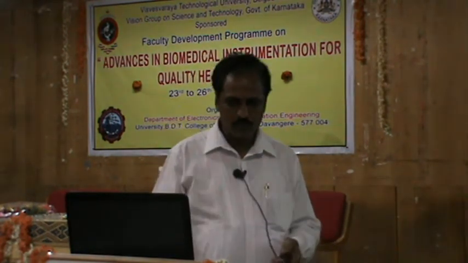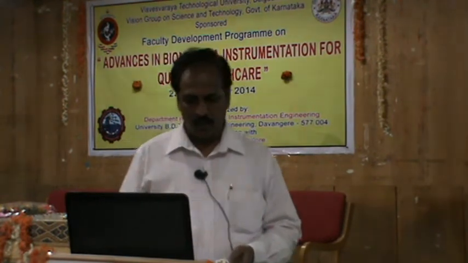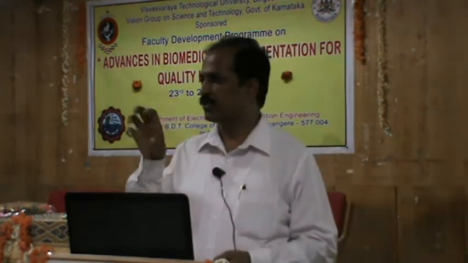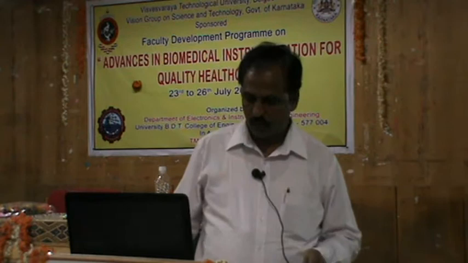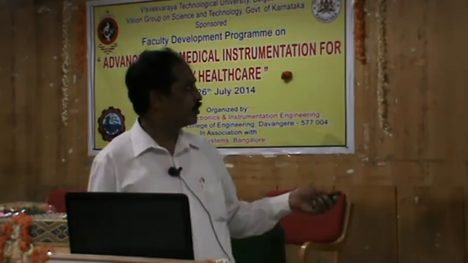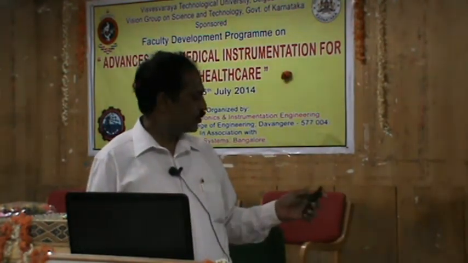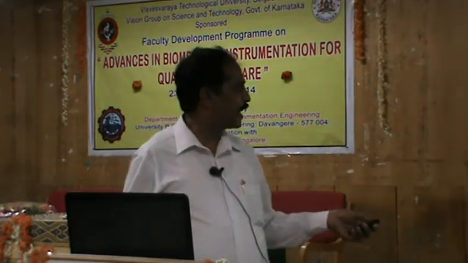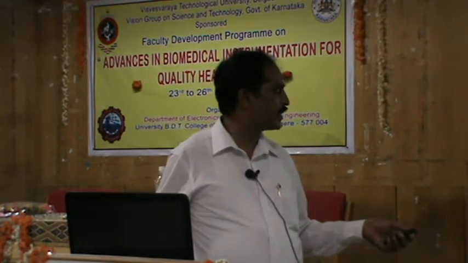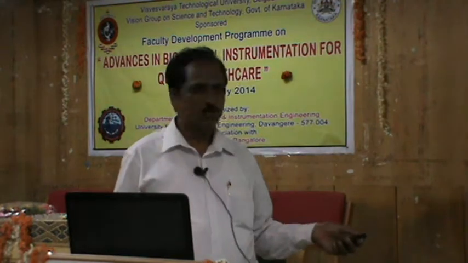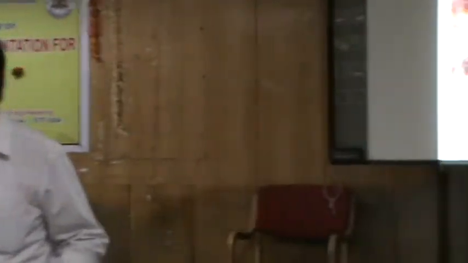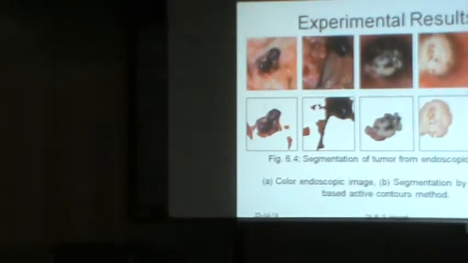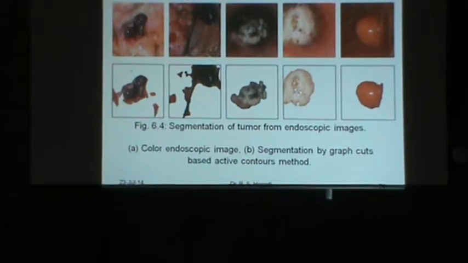In the graph technique, it directly focuses on the region under extraction. You can see these are the abnormal images, and it has extracted the abnormal region from these images. It is one such segmentation technique, and it has extracted most of the abnormal regions from the image.